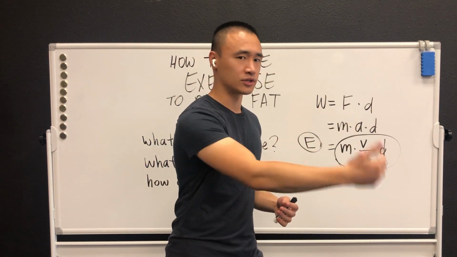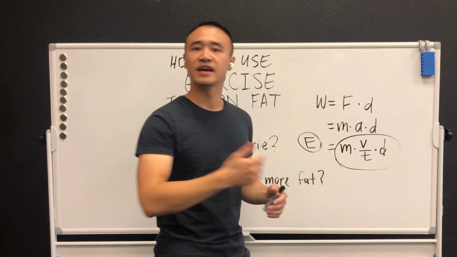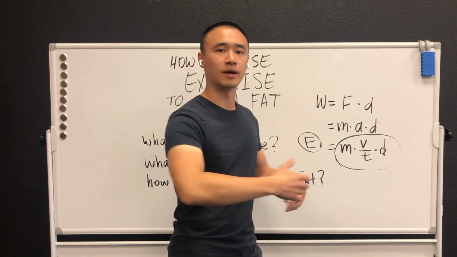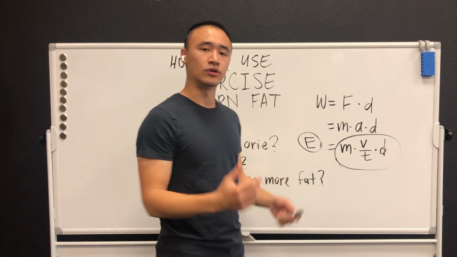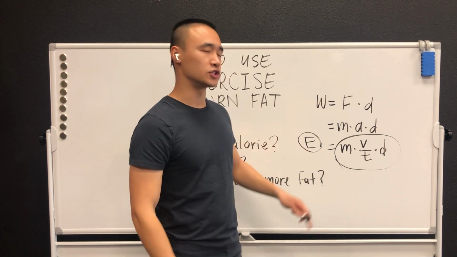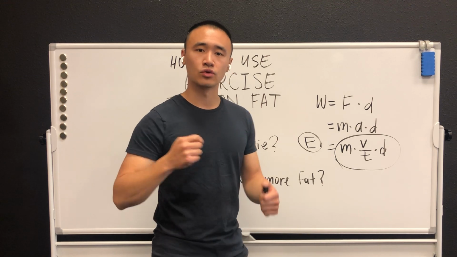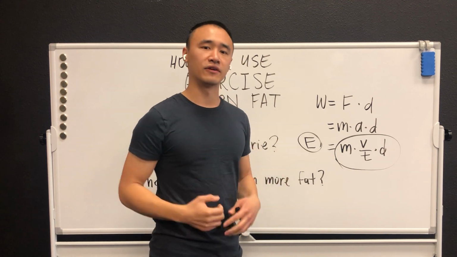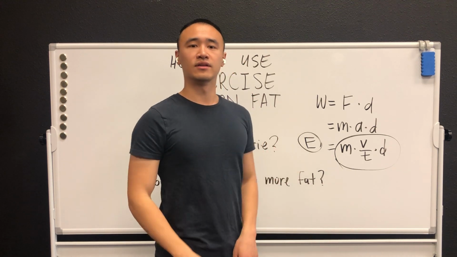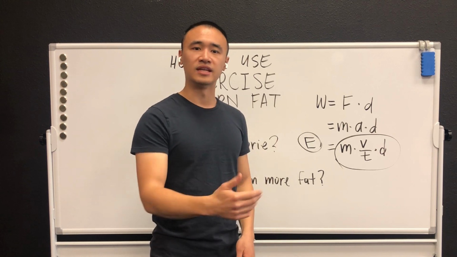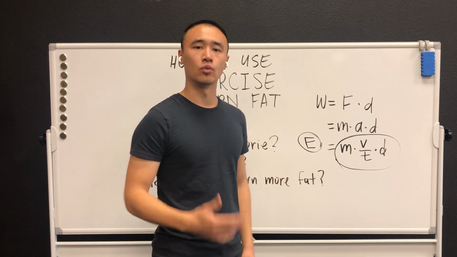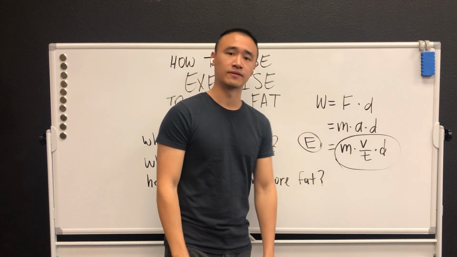Try to hit 1.25 miles, 1.5 miles, and eventually maybe even up to 2 miles if you can. So those are a couple ways that you can apply this energy function into your current workout in order for you to burn more energy and therefore burn more fat through the time and effort that you're already putting in at the gym, at the park, or wherever you decide to carry your workout out.